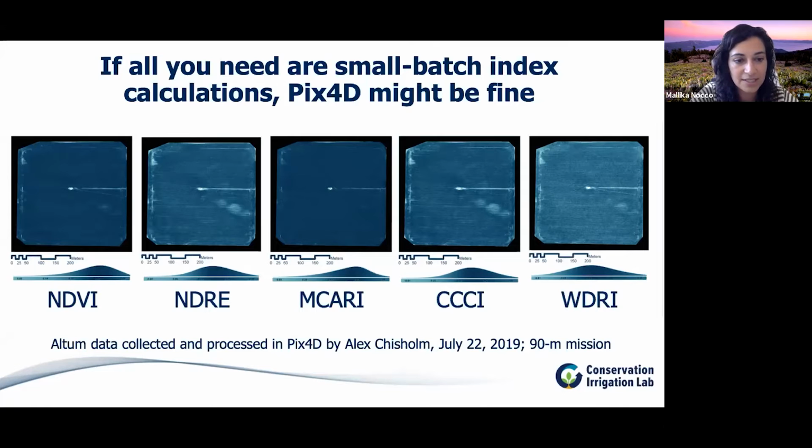This field is a maize field, corn, and we're looking at different indices that are related to nitrogen stress. A student who's working with me, Alex Chisholm, collected these data, and this didn't take that much time to process, doing all the photogrammetry in Pix4D one by one and generating the indices for each of the flights.